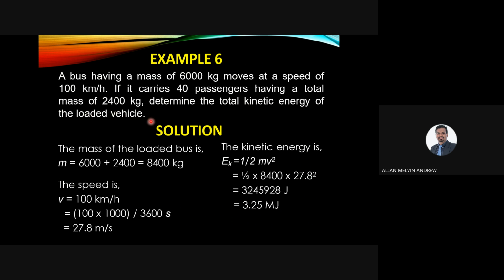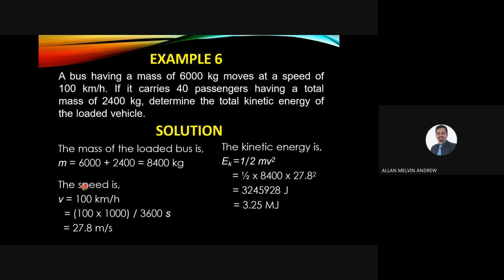So the mass of the loaded bus: we need to add the mass of the bus, 6,000, and the mass of the passengers, 2,400. So the mass m equals 8,400 kilogram.